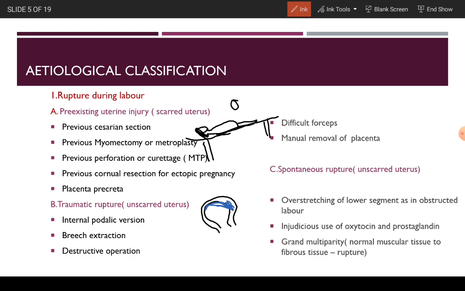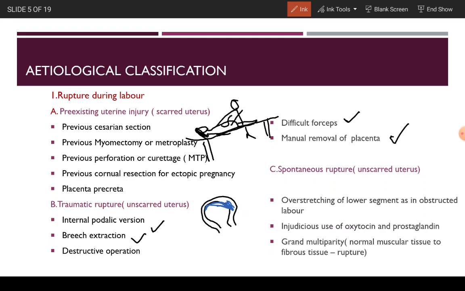So here an intern or a doctor is doing some interventions. Either it can be for taking the baby, at that time it was a breech extraction, or it can be during forceps delivery, or the manual removal of placenta, or it can be internal podalic version.